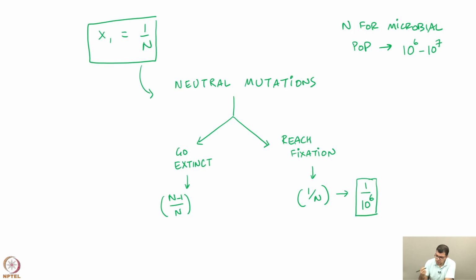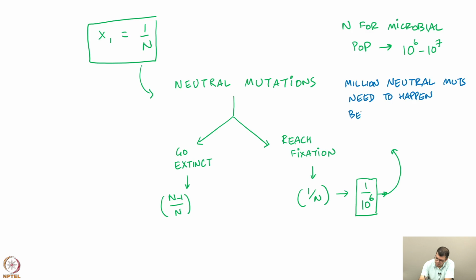smaller than that, which means that, what this suggests to us is that a million neutral mutations need to happen before one of them reaches fixation.